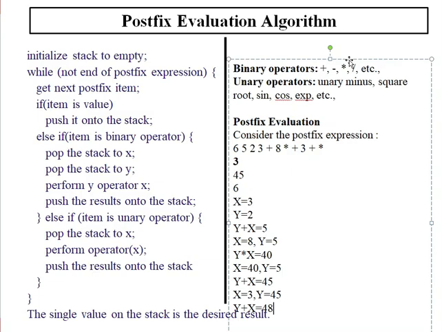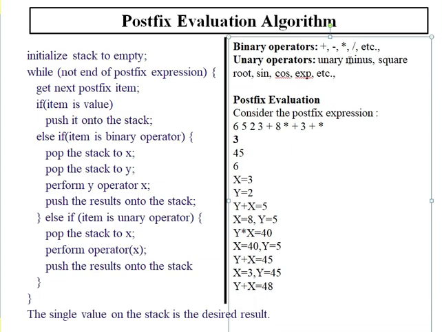Then we should pop. Then for 8 is pushed. So this is the top. Next is multiplication. So again, what we should do is popping x as 8, then y as 6.